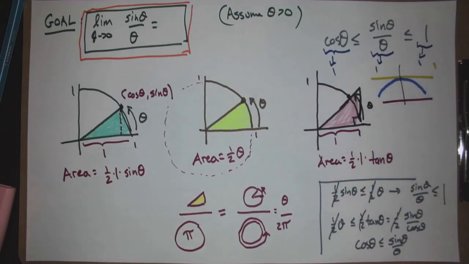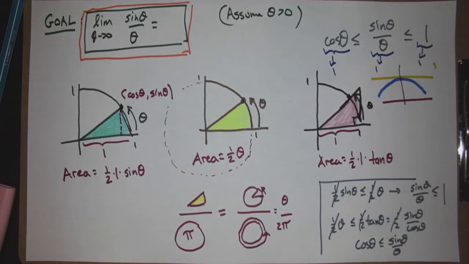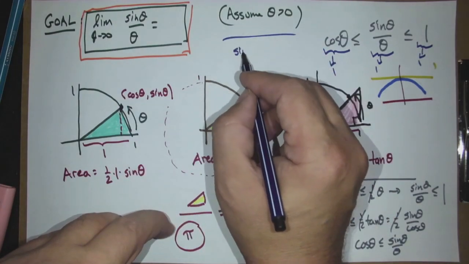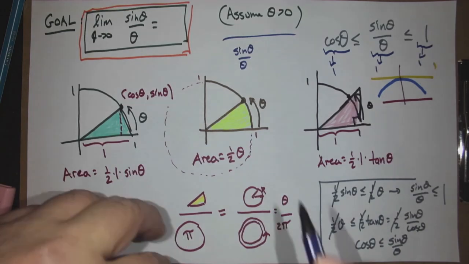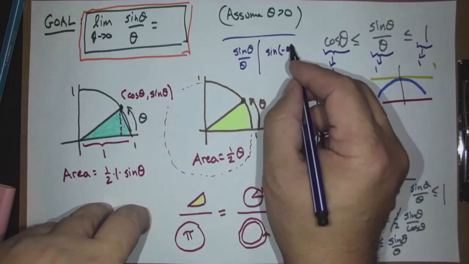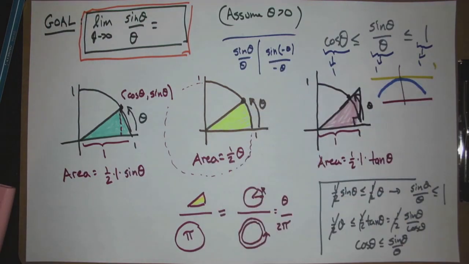Now this one you're like, ooh, cool, Steve, but what about negative values? Well, okay. I'm just going to make a little comment about sine theta over theta. Now just let's plug in negatives. Sine of negative theta over negative theta. Now, what do we know about the sine function? Sine negative theta would be negative sine theta.